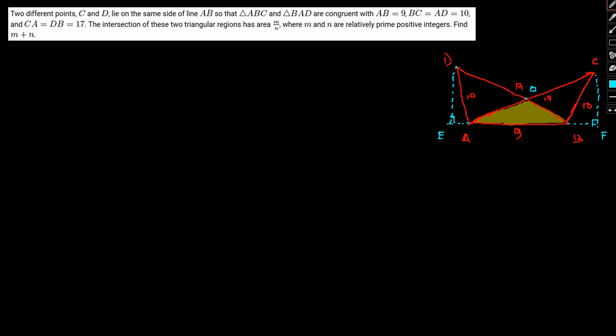Okay, so here we can see triangle DAE and triangle BFC are right angle triangles with hypotenuse equal to 10.